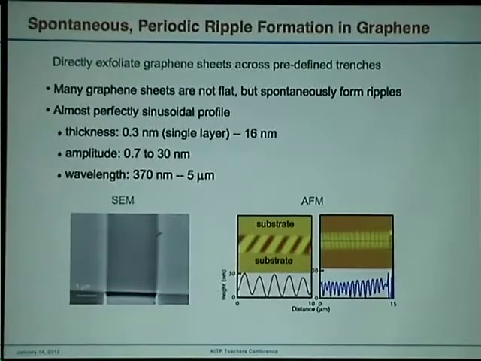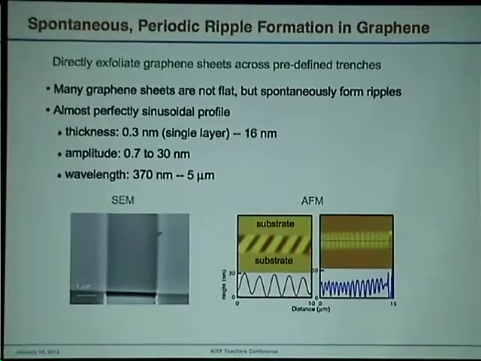Using the tip, you can look at the profile of these ripples. They are really sinusoidal, forming a sine shape. Here's another one. This is actually the edge, so here the tip goes into the trench. These are really beautiful pictures, at least. A really fun thing to look at.